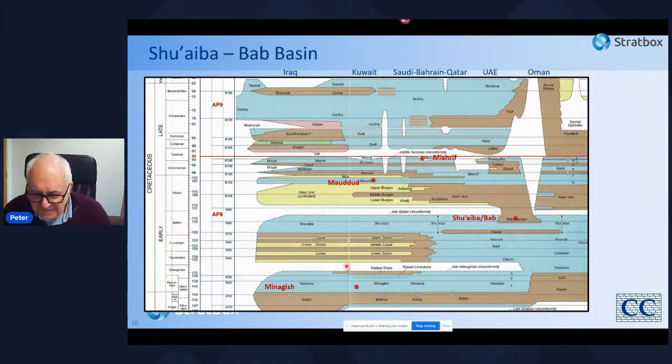And after that, we had the progradation of these major clastic systems into the area from the Arabian Shield. And after that, we had shut off of the clastic systems and then re-establishment of the Shuaiba carbonate system over the area. And I want to look at the relationships between the carbonates of the Shuaiba and the Bab intra-shelf basin.